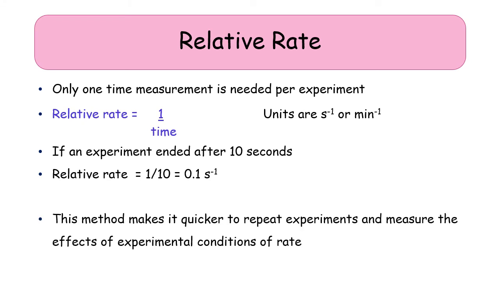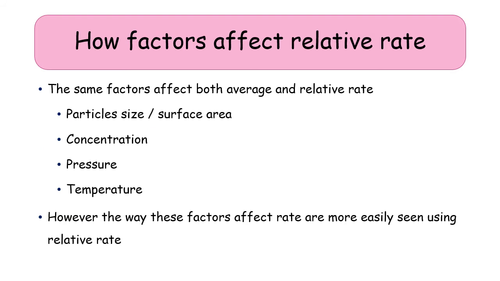This method makes it much quicker to be able to repeat experiments and to compare and measure the effects of changing things like concentration, pressure, temperature, particle size on the rate of reaction. Relative rate is also affected by particle size, concentration, pressure, and temperature, but we can actually see more easily the specific ways in which different factors affect the rate.